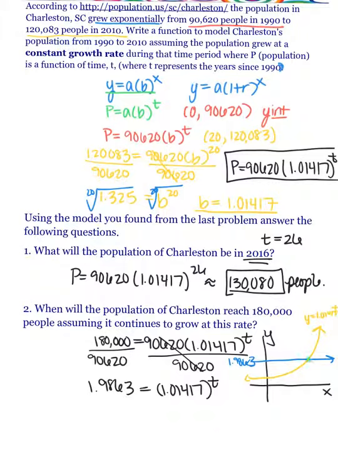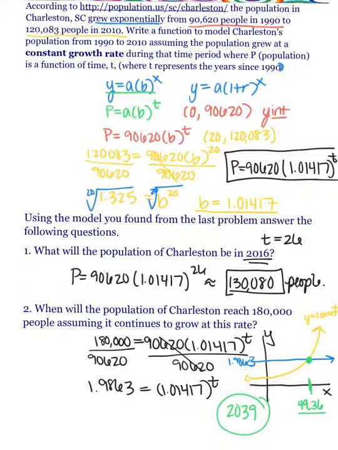I'm going to find this intersection to see how many years it takes. When I do that, I get an x value of 49.36. That means it's going to take 49.36 years from 1990. So we're looking at the year 2039, about 36% of the way through that year, when I'm going to reach a population of 180,000.